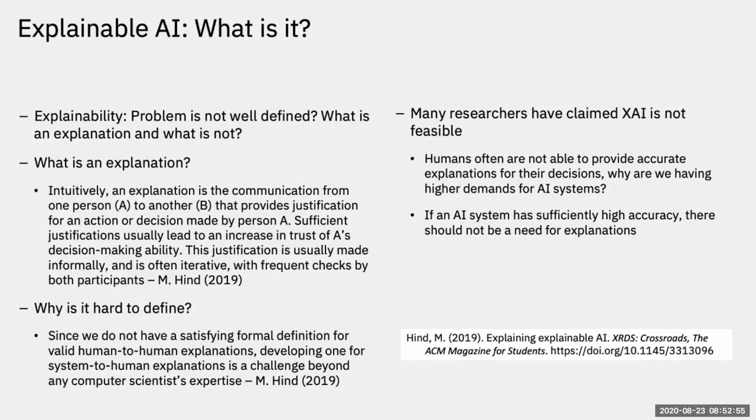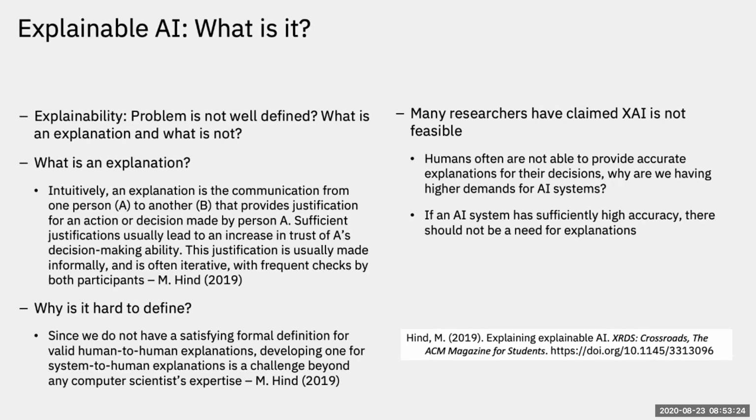At this moment, we also want to recognize the many concerns that have been raised by researchers. Some researchers have claimed that explainable AI is not feasible. For example, humans themselves are not always able to provide accurate explanations of their actions. One might think of humans in certain situations as one-shot or few-shot learners and often an intuition engine.